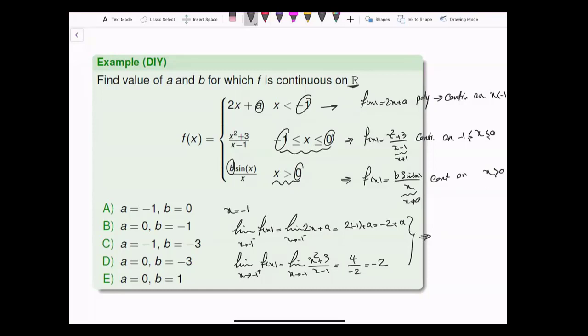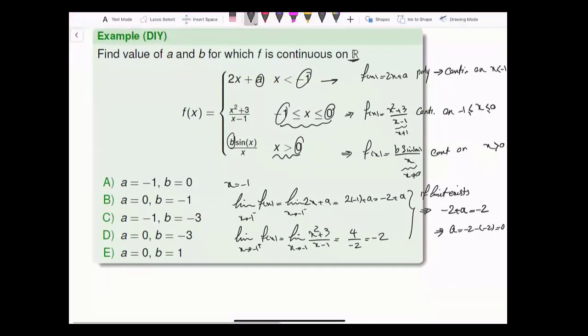If the function is continuous, the limit exists. So if the limit exists, then -2 plus a, the left limit, must be equal to the right limit. From there, you see that a must be -2 minus -2, which is 0. Obviously, the value of the function at -1 is also given by this expression, which is (-1 squared plus 3) over (-1 minus 1), which is -2, and that is good for us.